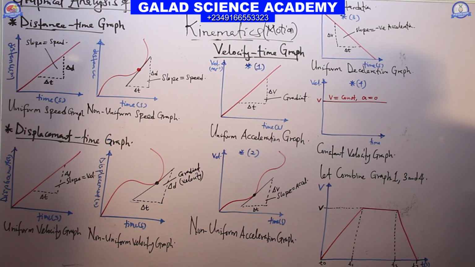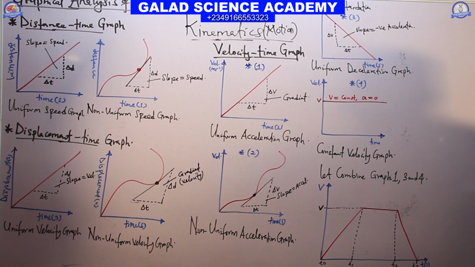So this is the graph of constant velocity, and the acceleration is 0.